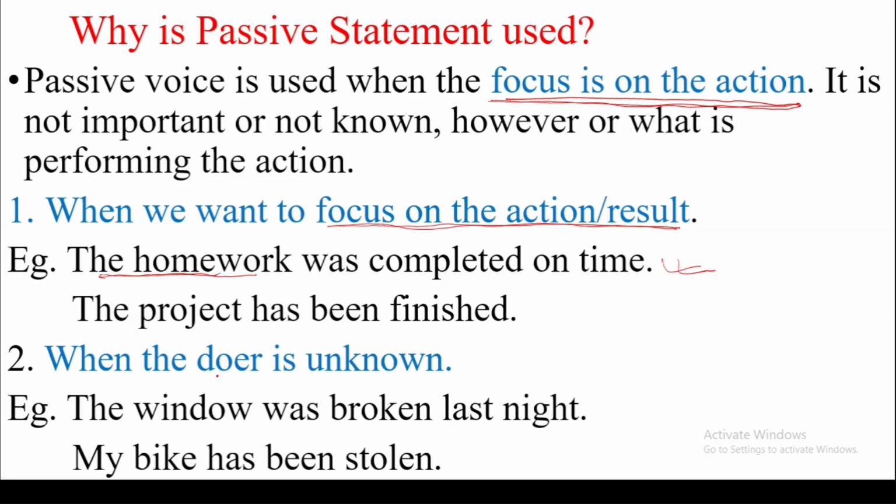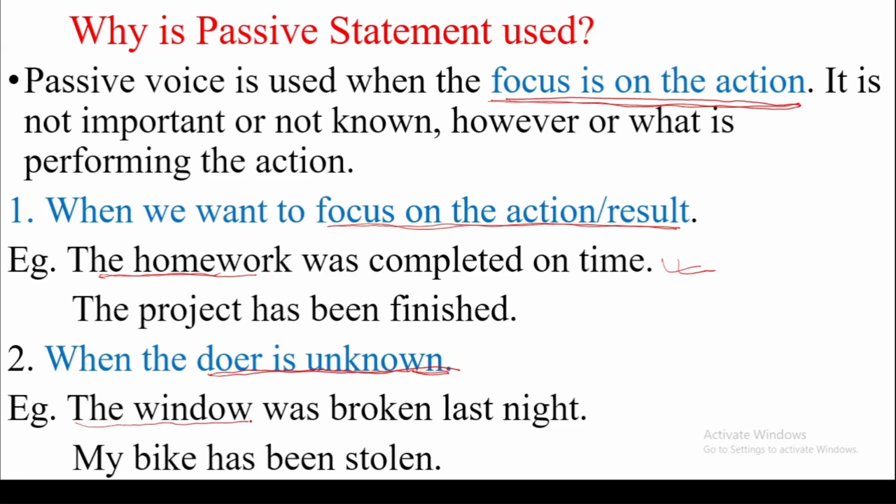Another thing is when the doer is unknown. If the subject is unknown to us, but the action is known, we use the passive. For example, the window was broken last night.